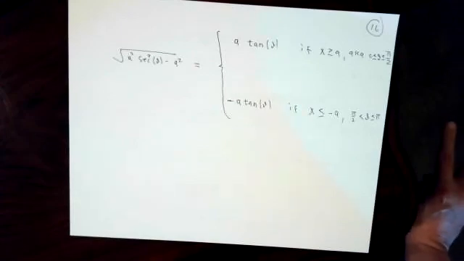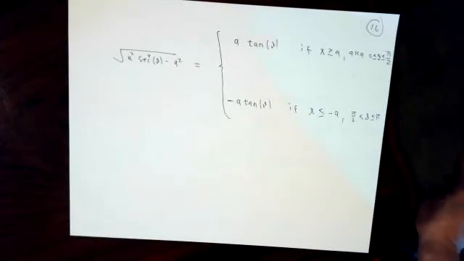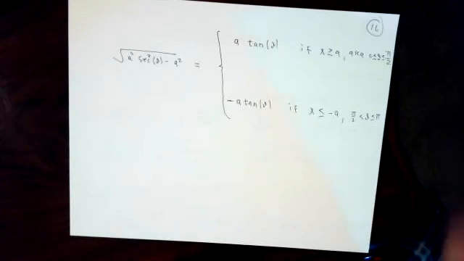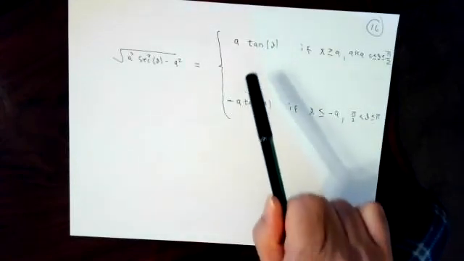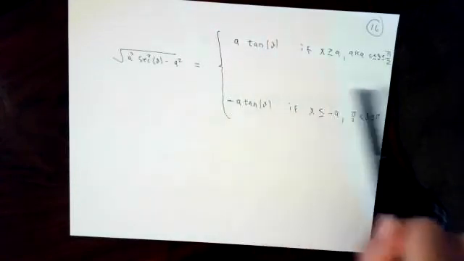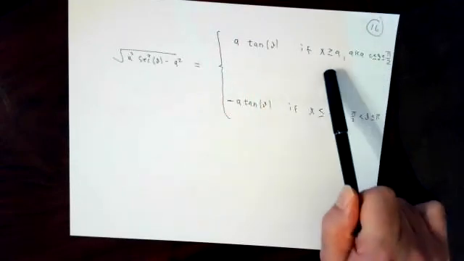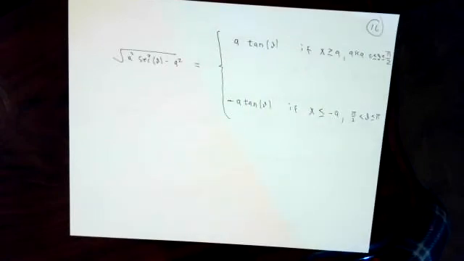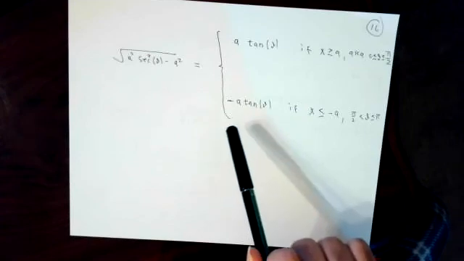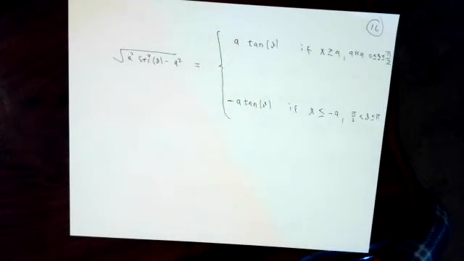So what's going to happen is square root of a squared secant squared theta minus a squared is a times tangent of theta if the angle is between 0 and pi over 2, which corresponds to x being larger than a. Otherwise, if you're over in this range of theta values, then the tangent is going to be negative. A times tangent will be negative, and I have to stick a minus sign on it to get the correct value back.